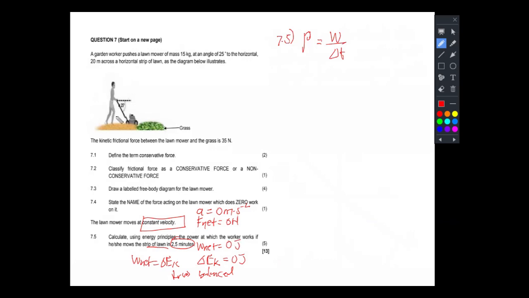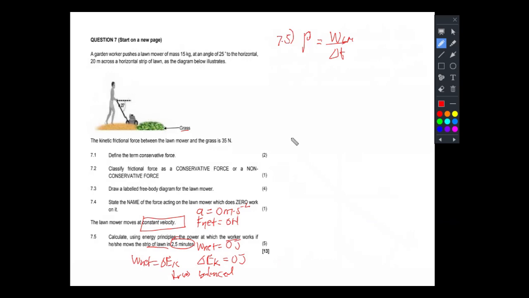The worker obviously is applying a force to the lawnmower so that the lawnmower can cut the strip of grass, right? So, okay, now understand this. That means the W here will be representing the work done by the lawnmower. So let's say work done by LM for lawnmower, right?